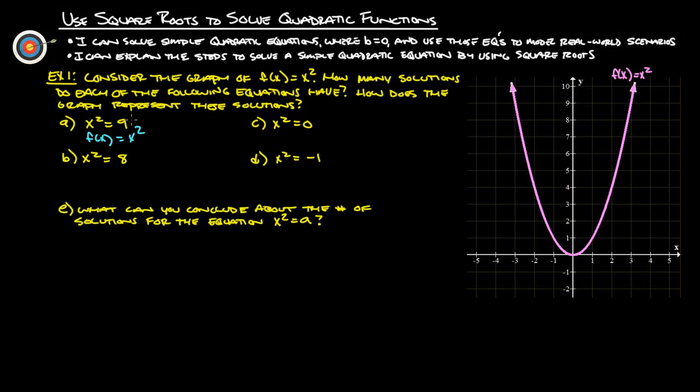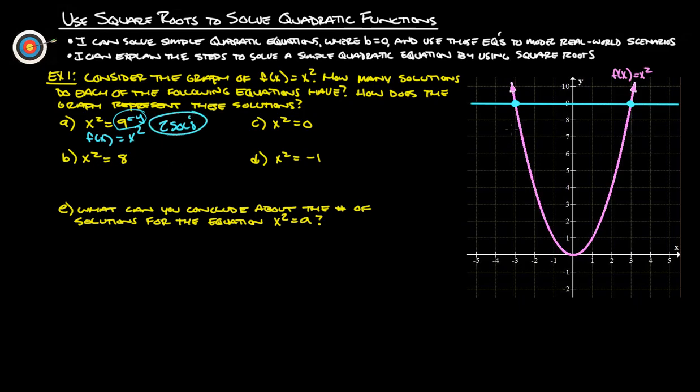The 9 is going to be our y value, so when does y equal 9? Up here at 9. All along this line is when x squared equals 9. It's got two different solutions, because all it's asking is how many solutions it has. So this one is going to have two solutions.